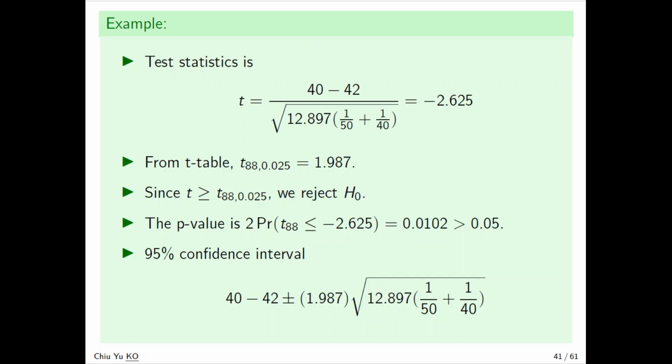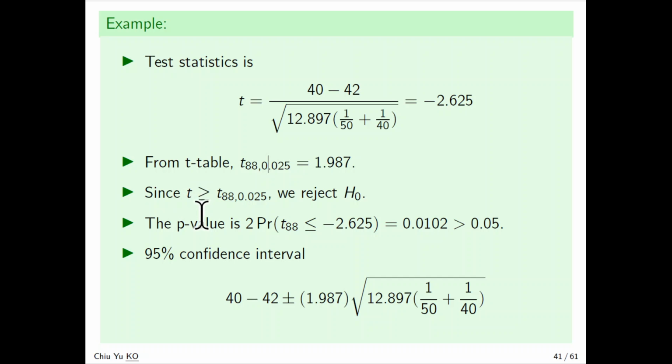Look at the t table. The degrees of freedom are 88, because 50 plus 40 minus 2. We use 5%, so it's 0.025 in each tail, and the critical value is 1.98.